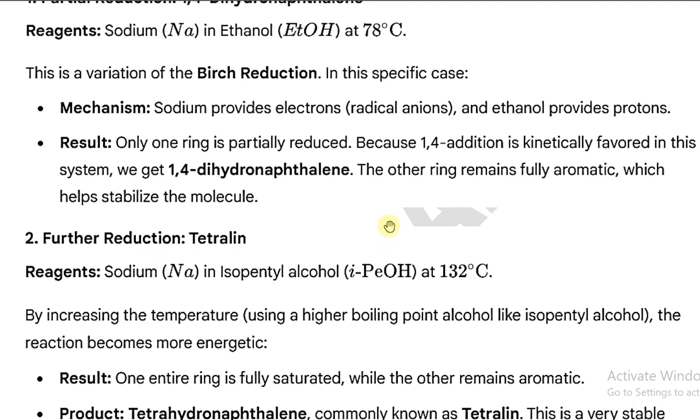At high temperature we cannot use ethanol because the boiling point of ethanol is 78, and the temperature cannot be increased above 78. But if we use another alcohol with a higher boiling point, we can increase the temperature of the reaction, up to 132, the boiling point of the alcohol used in this process.